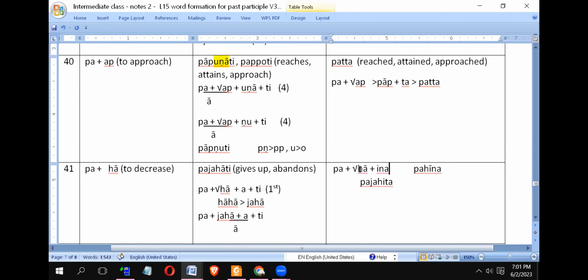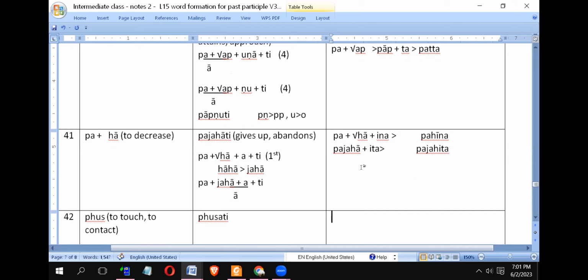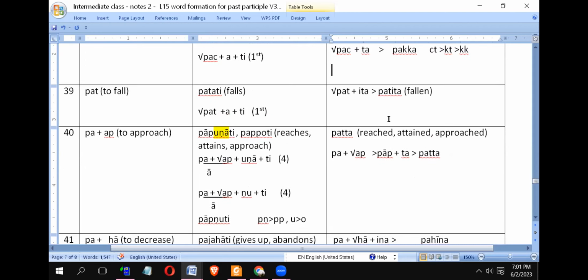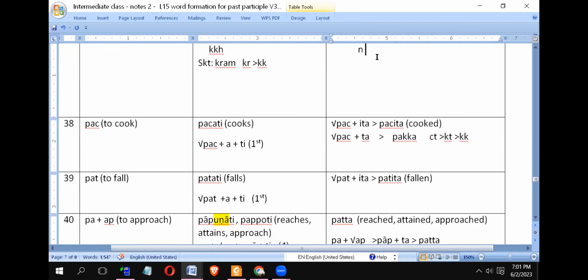So you get this one. It's not ta. The next one is ta. This one is based on the root ha. But this one you need to base on the verbal base because you have the paja. You have paja ha plus ita, pajahita. So you notice that all the answers here are only one, but this got two.